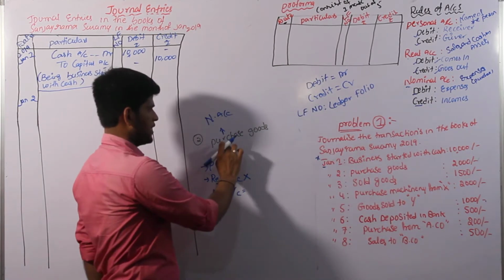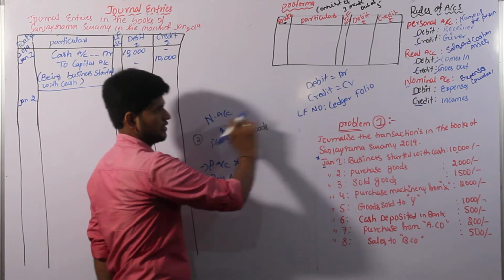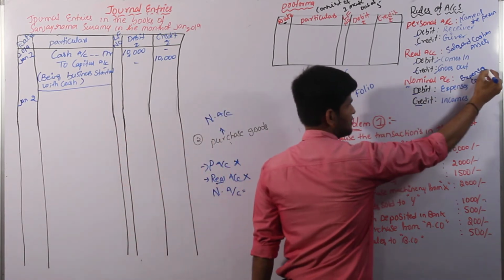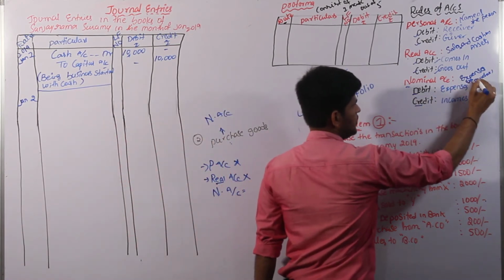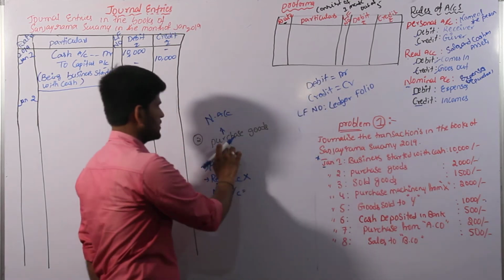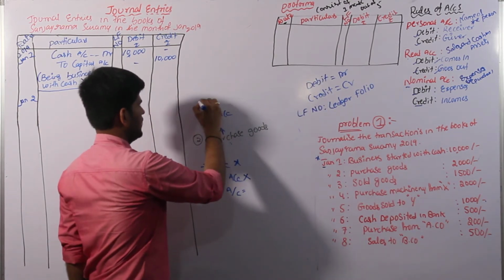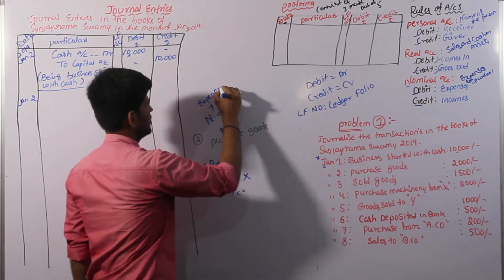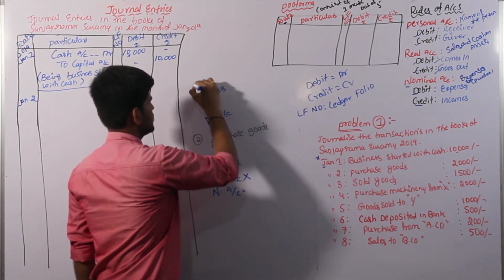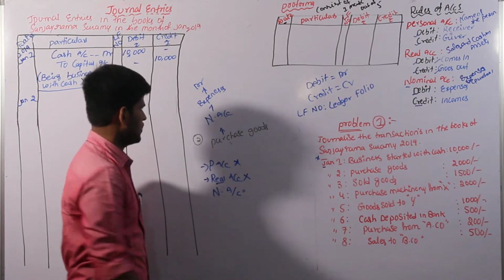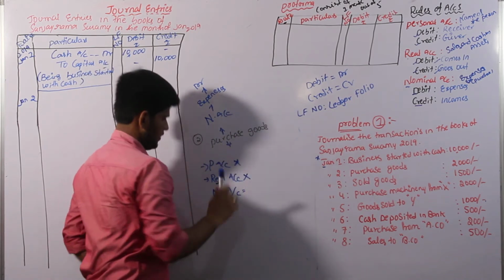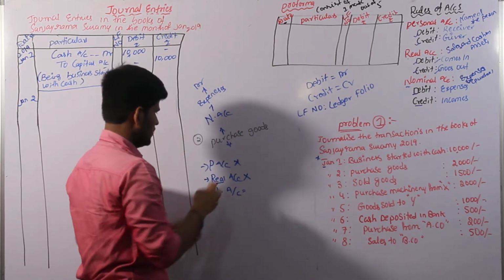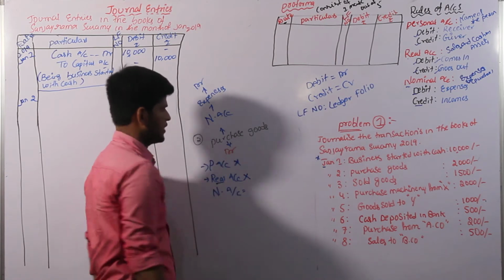The purchase is expenses, for example purchase. So expenses go to the debit side. So we can debit the transaction. Purchase goes to the debit side.